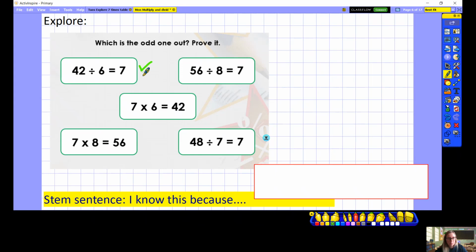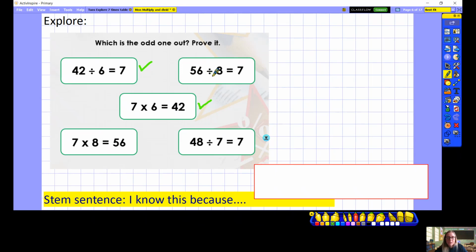It's in the 7 times table. And if I count up 6 groups of 7, my answer is 42. So that one's correct. And actually here I can see that that calculation written slightly differently is the inverse. 7 times 6 equals 42, and that one's correct because also I know that 6 times 7 equals 42. So I'm going to put a tick next to those two. I don't think those are the odd ones out.